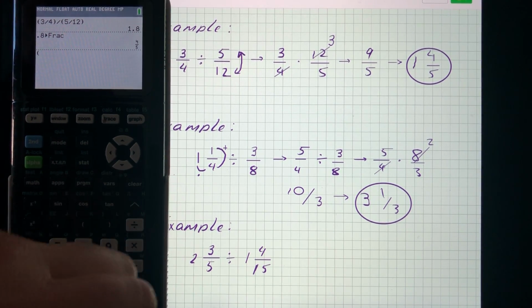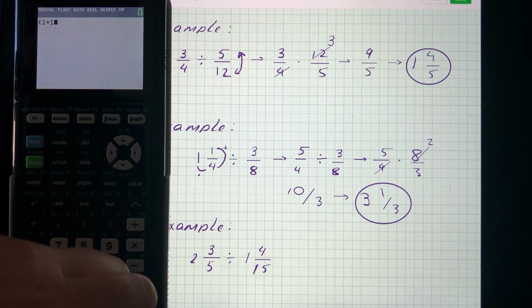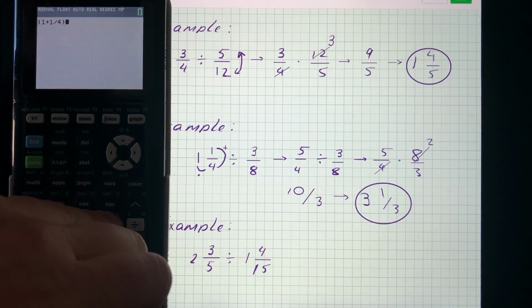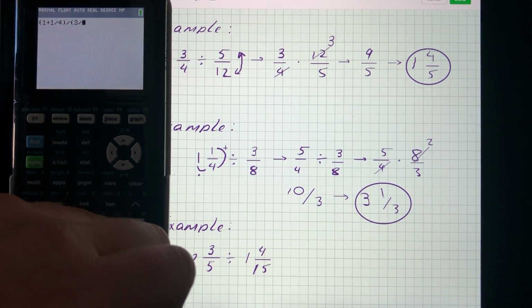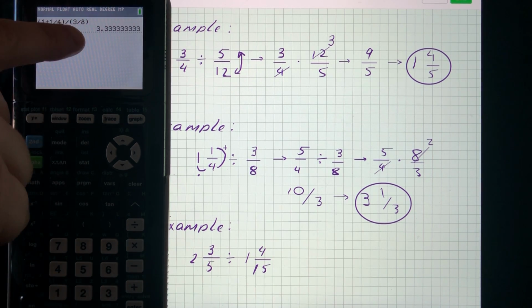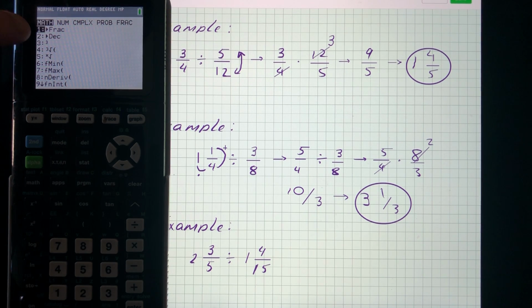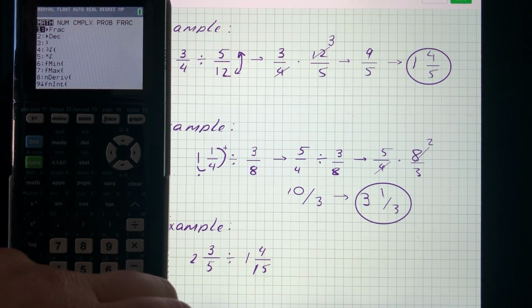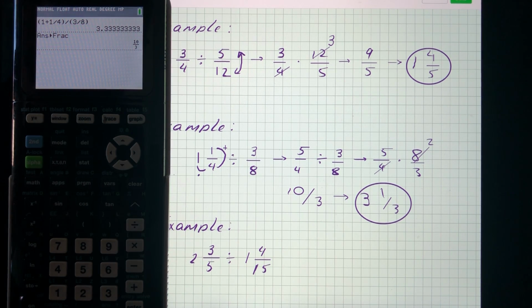So let's clear, 1 plus 1/4 is exactly 1 1/4, divided by 3/8. We expect to see 10/3. 3.333, that should be 10/3. Converting from decimal back to fraction, the answer is 10/3, just like we expected.